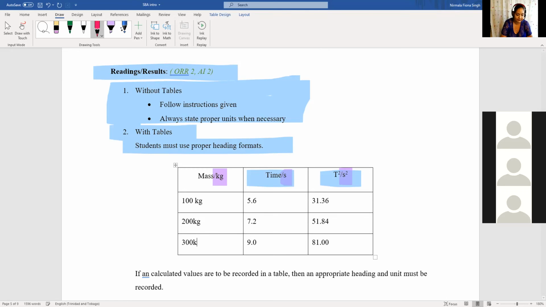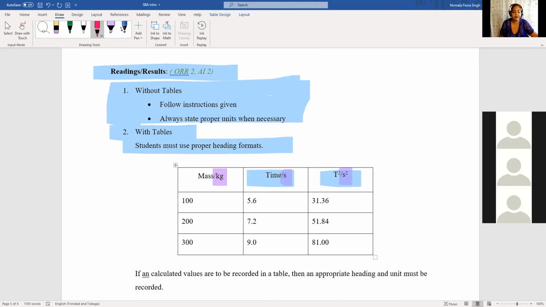It's unnecessary because we already have the unit written at the top. Look how nice and neat the table looks with just numbers in it.